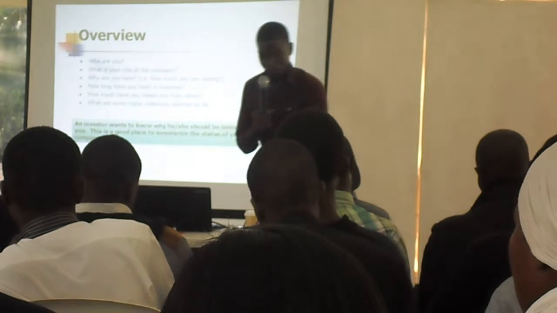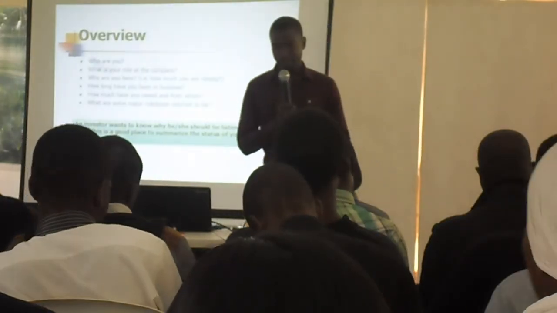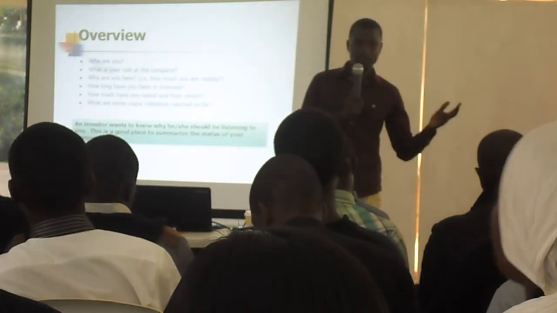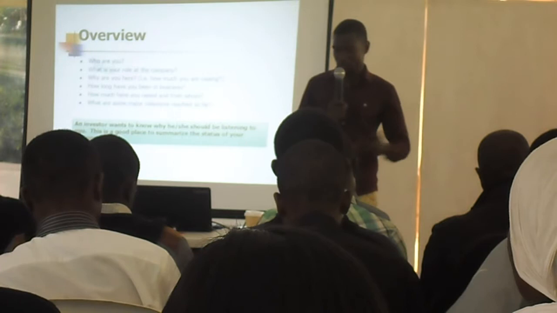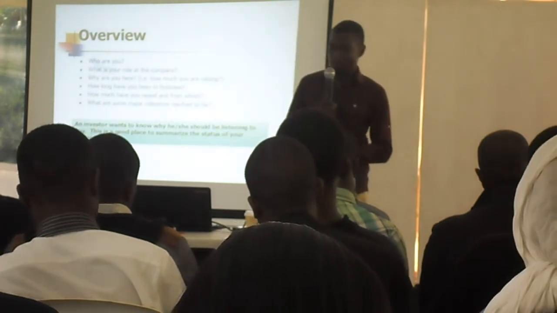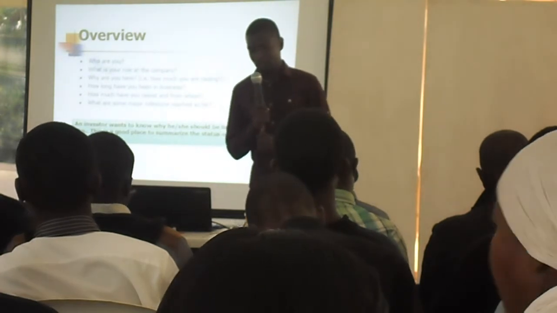For the overview, you need to define who you are, your role at the company, why you are there, how much money you are raising, what the scope of the money is that you're looking for, how long you have been in business, how much you have raised and from whom, and what major milestones have been reached so far.